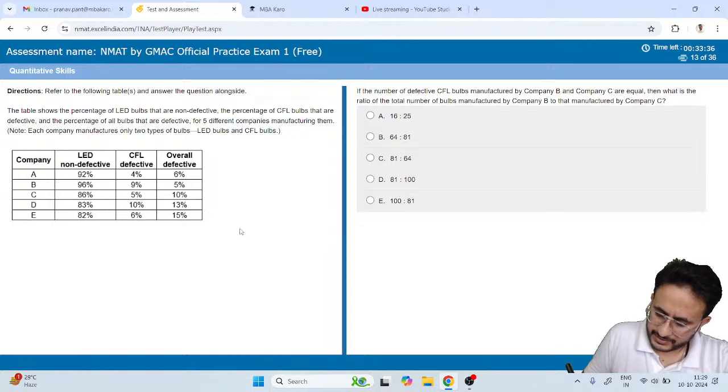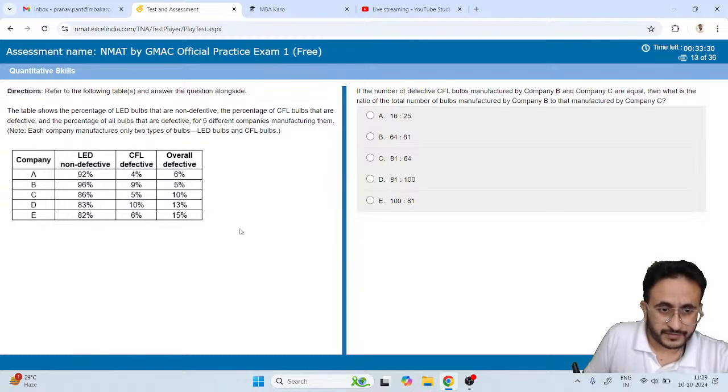Okay. In C we have 5, LED is 14, and this is 5. Overall is 10. That is 5:4. So it is 4:1 and 5:4. The CFL is in the ratio 5:9. Okay.